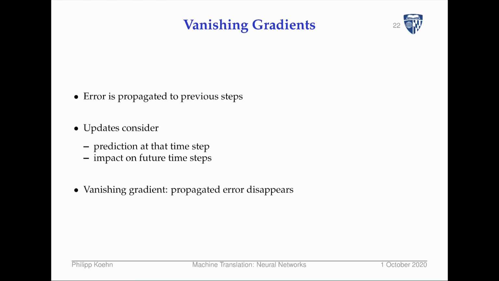So one key problem is this problem of vanishing gradients. So the error is propagated to previous steps. And the updates consider the predictions at that time step and the impact on future time steps. And we're multiplying up a lot of numbers.